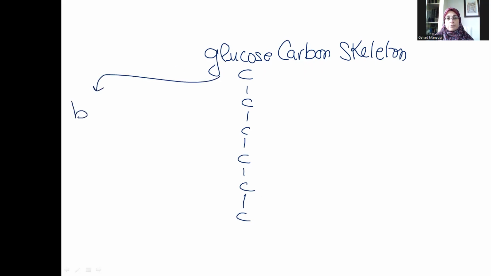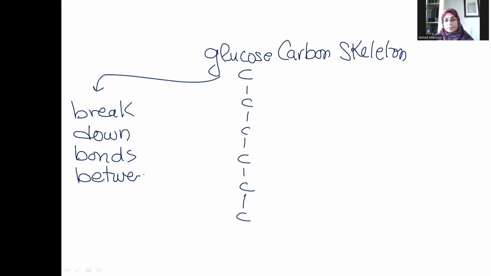The carbon skeleton, which is that skeleton we know of the hexose, 6 carbon atoms. First of all, you break down the bonds between carbon atoms, and these bonds are here to store energy.